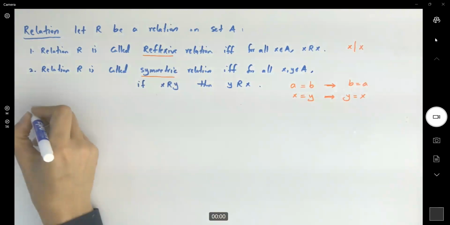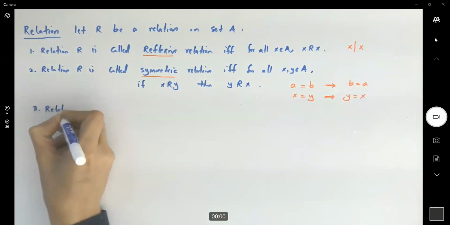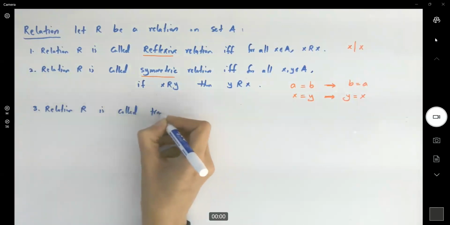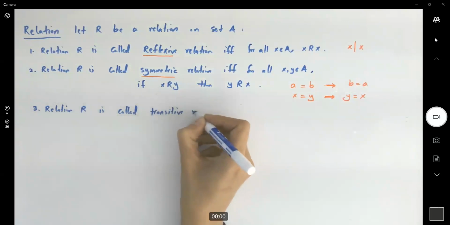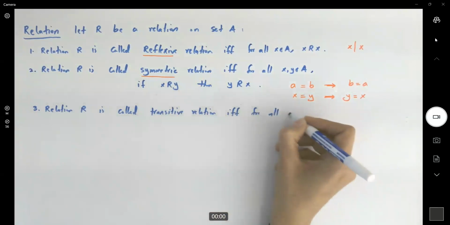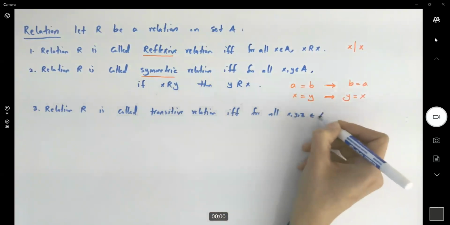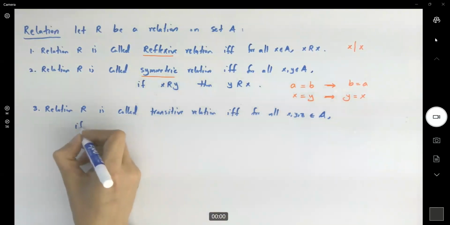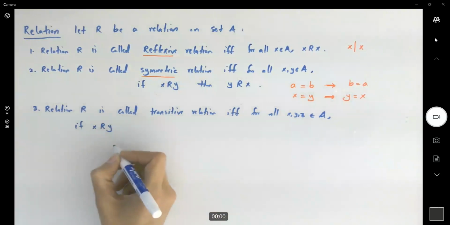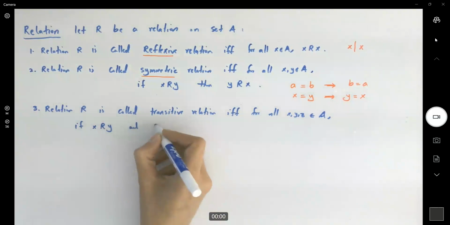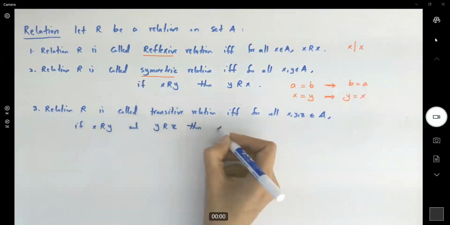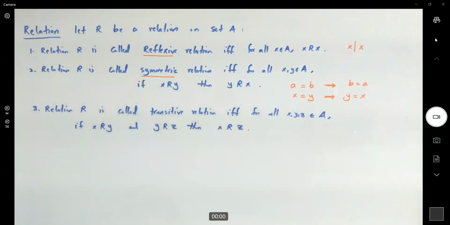Number 3, we say that a relation like R is called transitive relation if and only if for all x, y, and z in set A, if x is in relation with y and y is in relation with z, then for sure you can say that, hey, x is in relation with z.